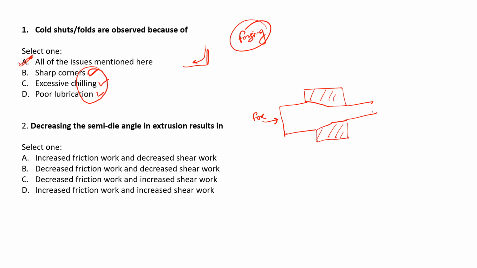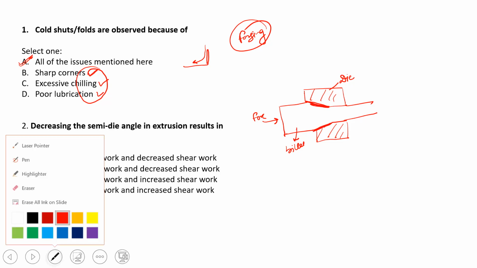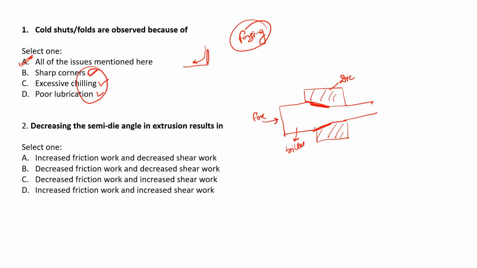Okay, so the region of contact between the die and the material or the billet is this one, right? So in this region the maximum friction force occurs, right? And if you see the die angle, then this is your theta, and half of this will be theta by 2, that is the semi die angle.